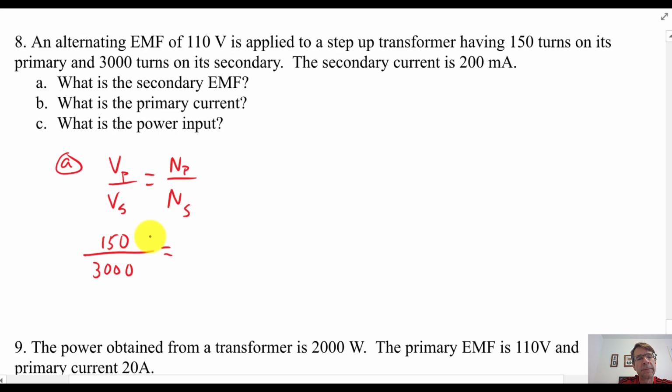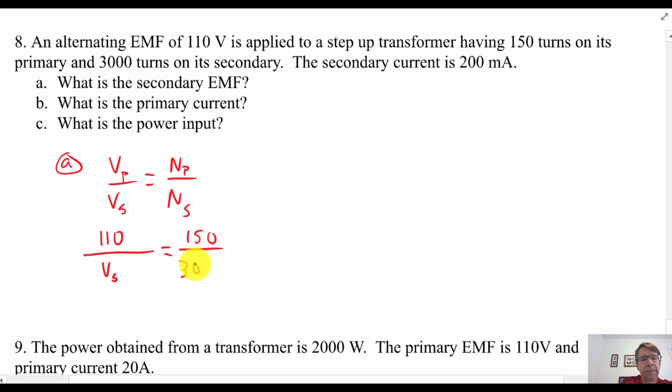I need that, it says the voltage in the primary is 110. I don't know the voltage in the secondary. The turns, N is the turns: 150 over 3,000. I got ahead of myself there.